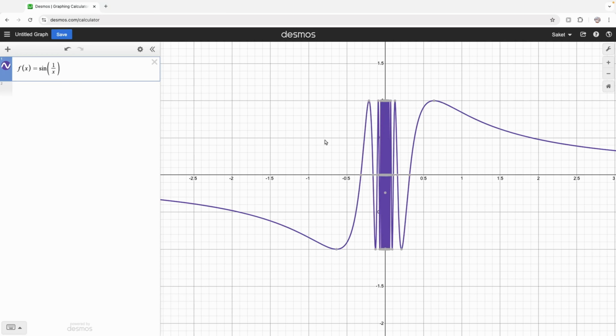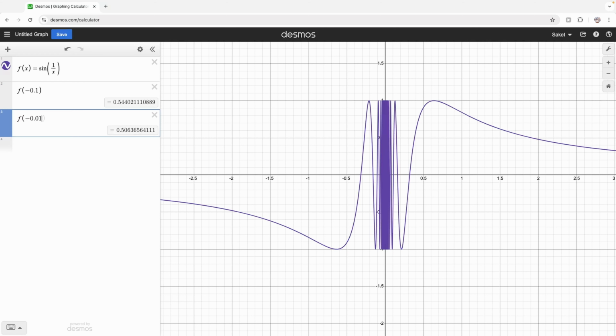Going back to Desmos, we have f of negative 0.1, then f of negative 0.01, then f of negative 0.001, and finally f of negative 0.0001.